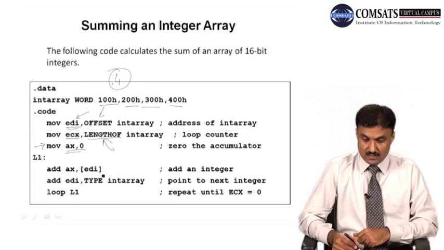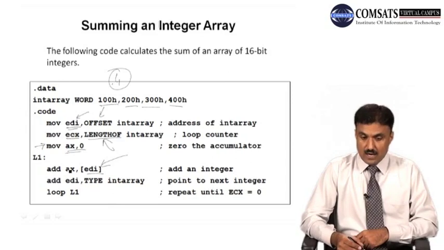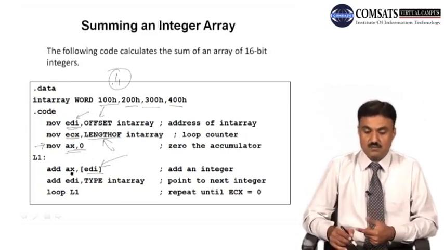This is indirect addressing. So EDI is added with the AX. We add the first element to the AX. Initially AX is 0, and we add 100 in hexadecimal, so it will be 100 in hexadecimal.